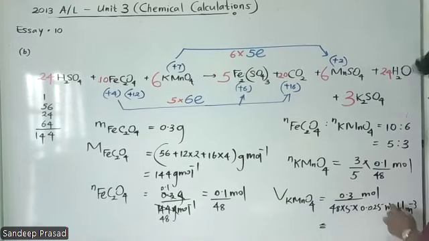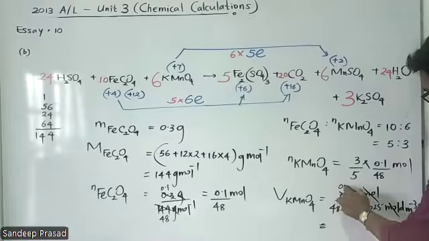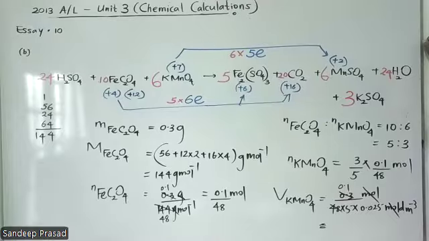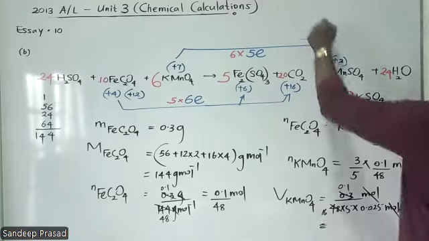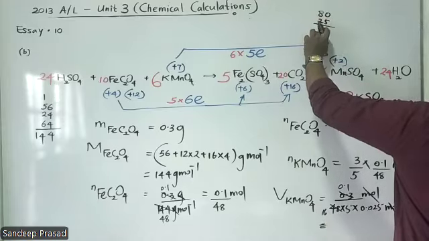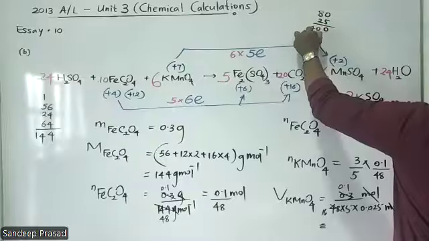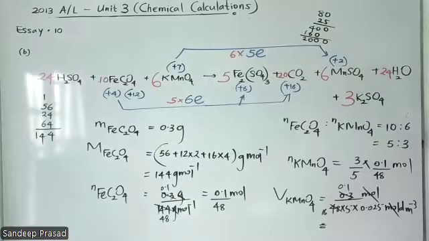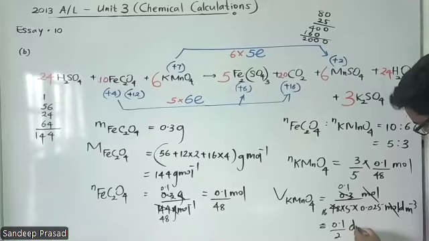Right. Now do the calculation. 16. Sixteen into 5 is 80. 80 multiplied by 25. 1,000. 0.1 divided by 2 cubic decimeter.